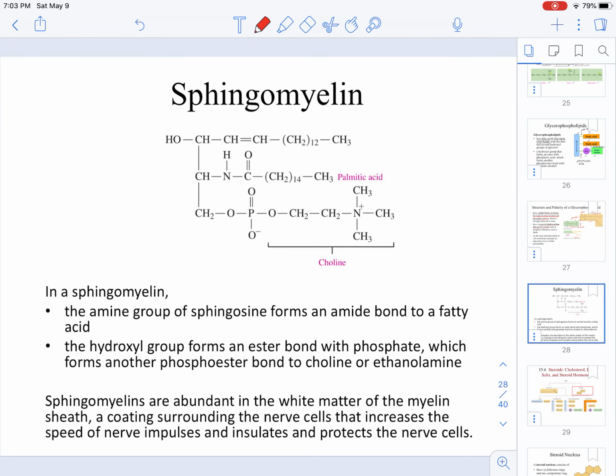Now let's mention the last member of the fatty acid family, which is going to be sphingolipids. Here we have one example of a sphingolipid, which is going to be specifically sphingomyelin, okay? Now, let's understand something. When it comes to sphingolipids, they are not going to have glycerol as their backbone.